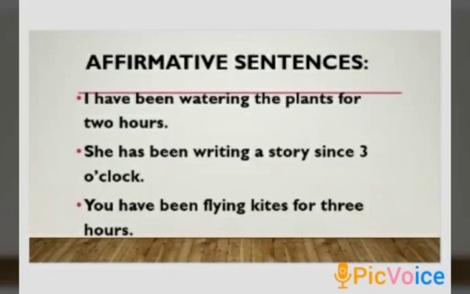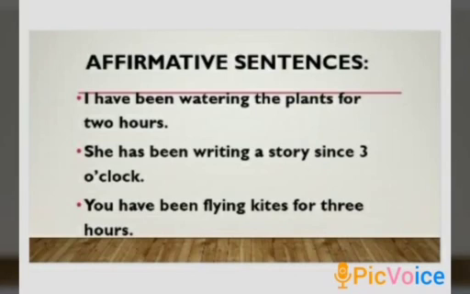Now students, look at the examples of affirmative sentences of present perfect continuous tense. The first one is, I have been watering the plants for 2 hours. Second, she has been writing a story since 3 o'clock.